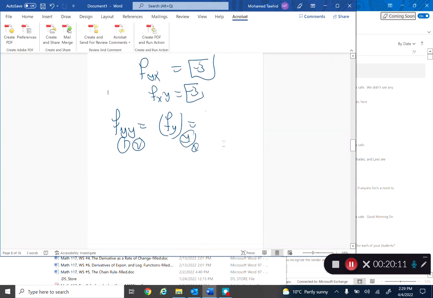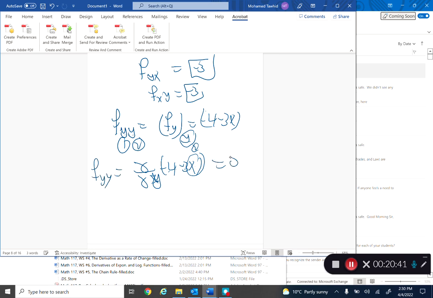Now I'm taking the second derivative with respect to y of fy. I consider x as a constant, so the whole thing negative 4 minus 3x is constant. What is the derivative of a constant? Just 0. So you have 0 here.